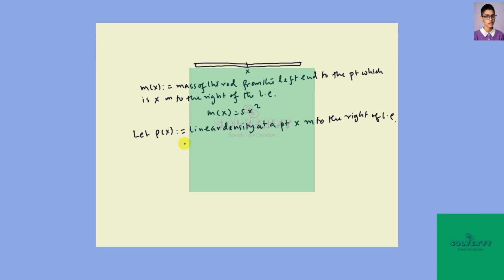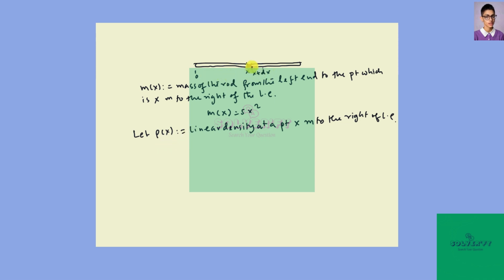This is a point that is x meters from the left end, and suppose that we take a point at x plus dx from the left end. This is the portion of the rod that lies between x meters and x plus dx meters from the left end.